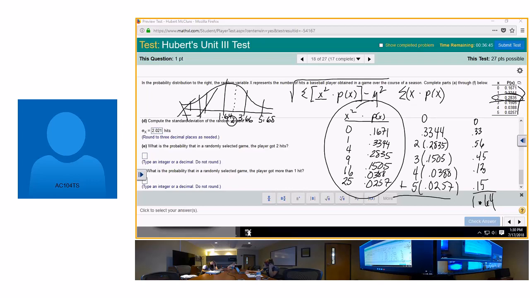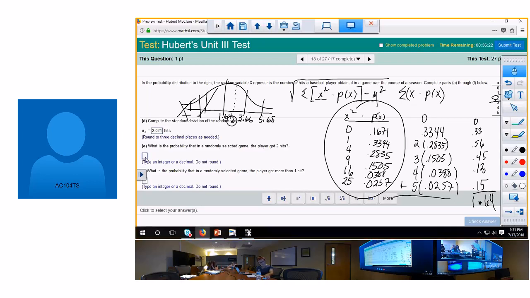So I don't know exactly what the question is asking. I don't think it's asking us to do all that over with the z-score. So I'm going to punch in 0.2835 and see what it likes.